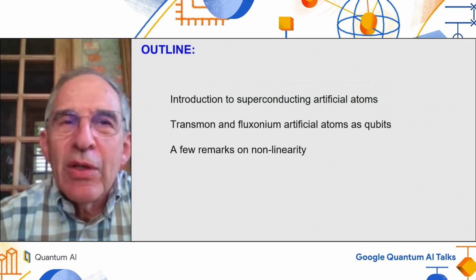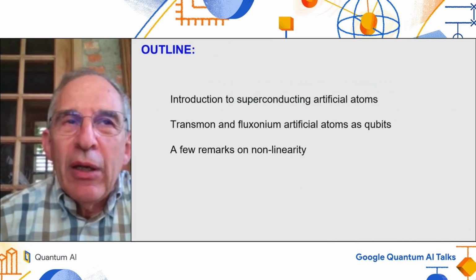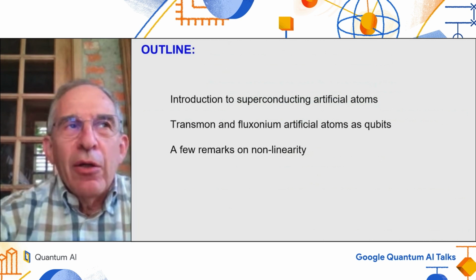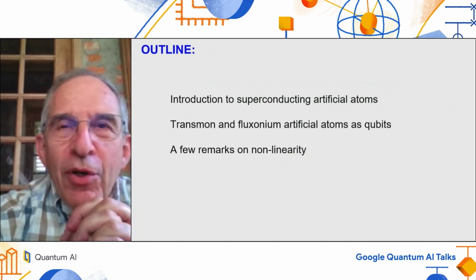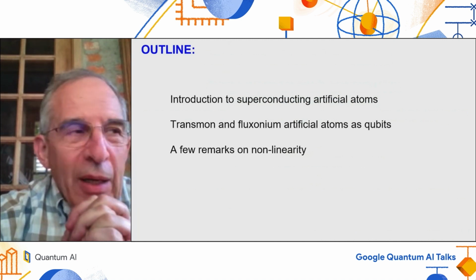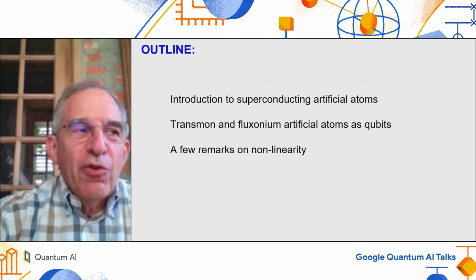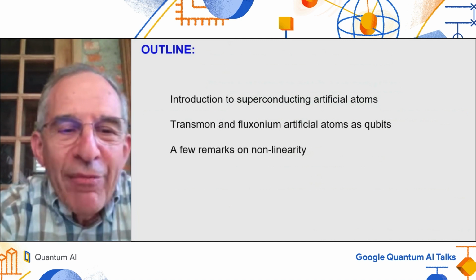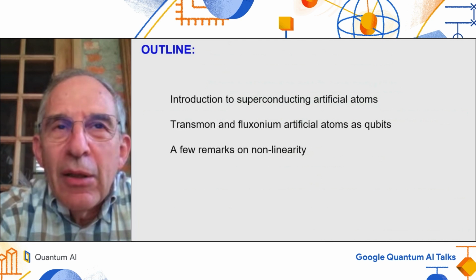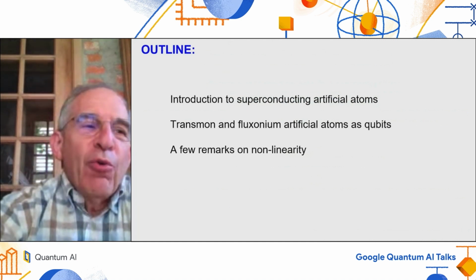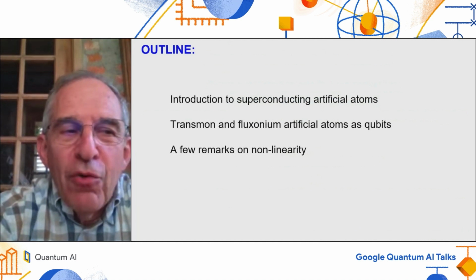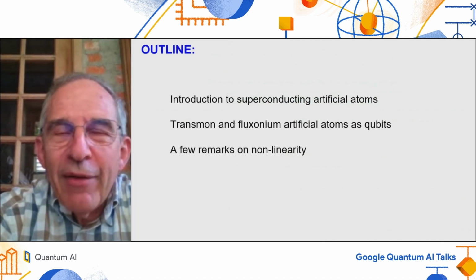Okay, so this is the outline of my talk. I will first make an important point, I think. So Hartmut talked about superconducting qubits. I want to explain that superconducting qubits are manifolds of levels that are included in a bigger structure, a whole superconducting artificial atom. So to understand how we make our qubits, we have first to deal at this level of superconducting artificial atoms.